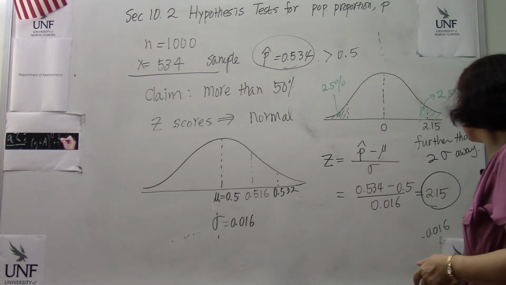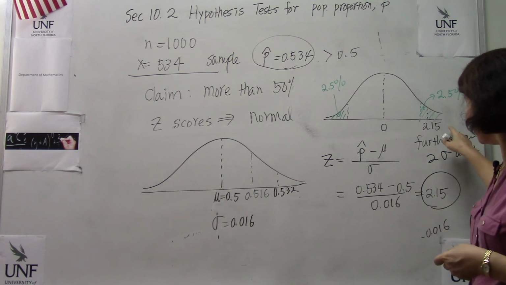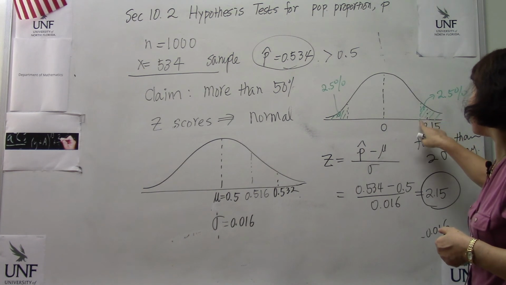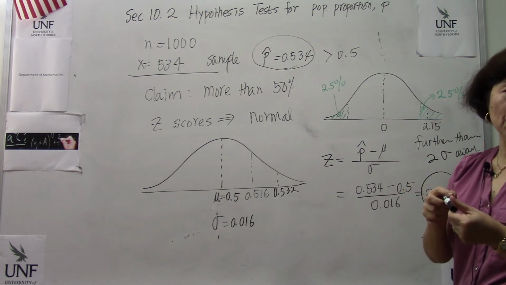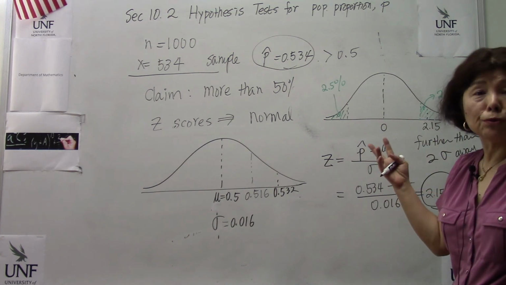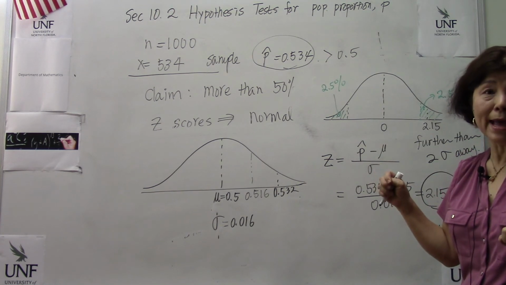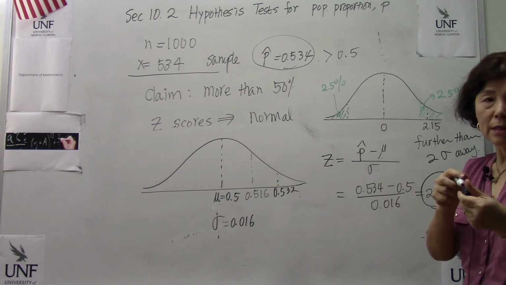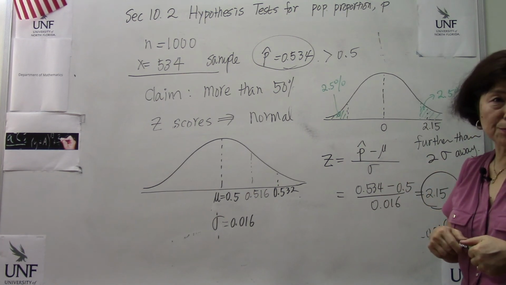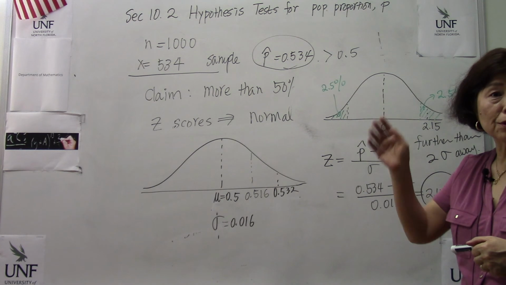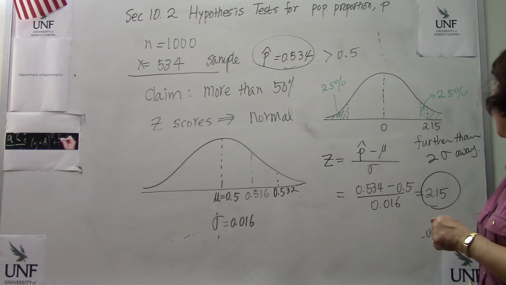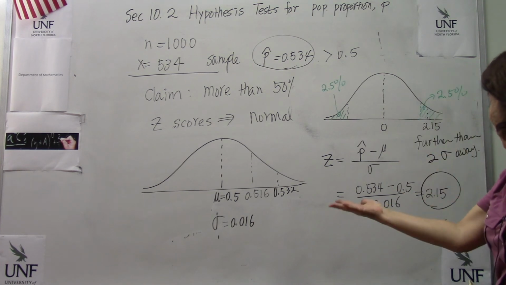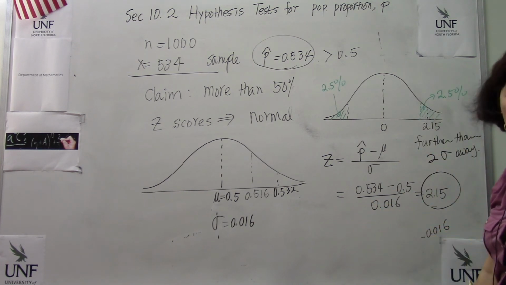Therefore, what it shows is that this sample is beyond 2 sigmas away. In other words, we use the word unusual. This is an unusual case in the sampling distribution of the sample proportion. So what can you say? The evidence we have is very unusual.